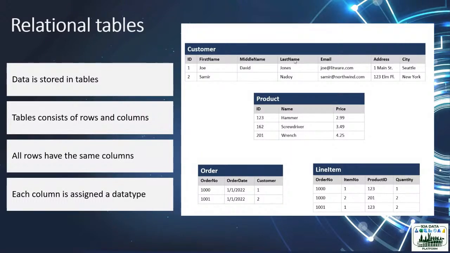A relational table here means this ID for a customer can be used here as the customer ID. This product name can always connect to this to form a relationship. This is the primary key here, and it's acting as a foreign key here.